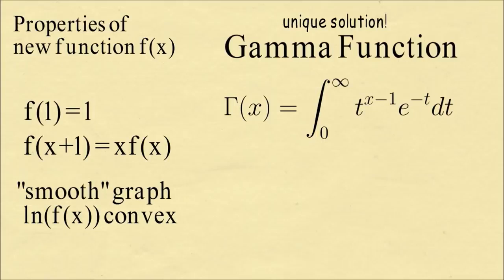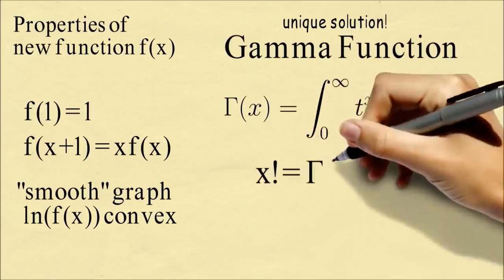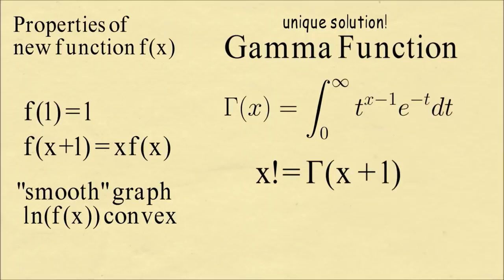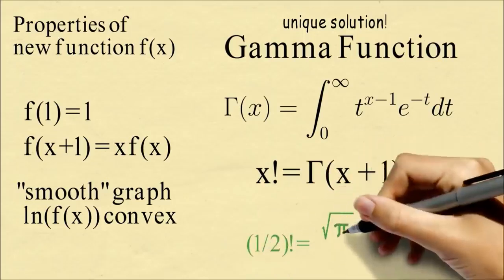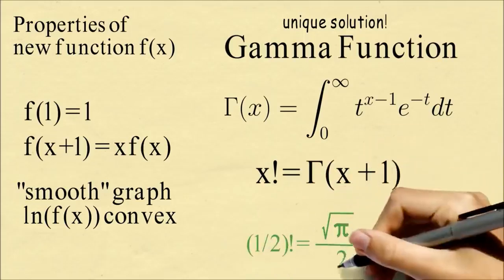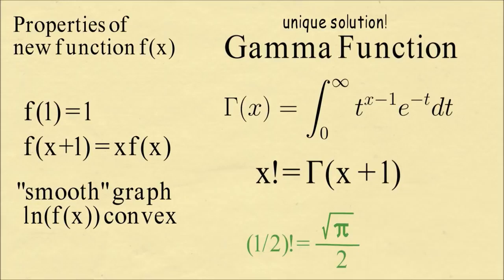But what we'll do then is we'll define that x factorial is equal to gamma of x plus 1. So this gamma function satisfies all 3 of the properties to the left. So since x factorial is defined this way, we can then evaluate the gamma function to find out that 1/2 factorial is equal to square root of pi over 2.